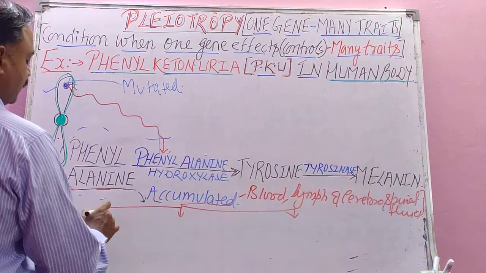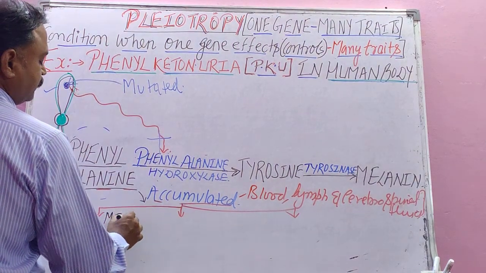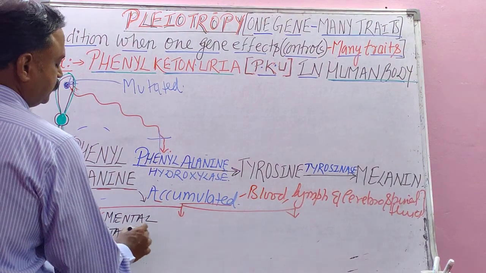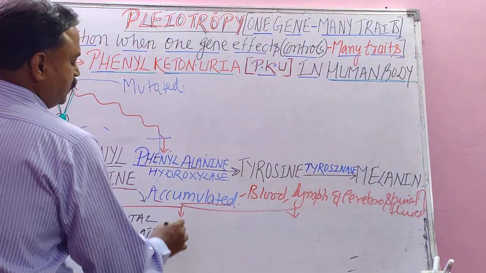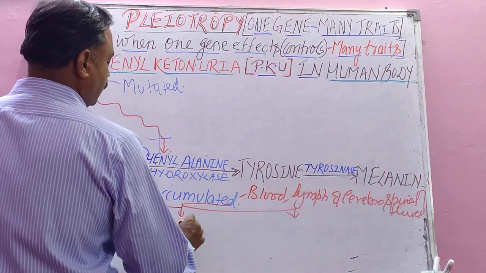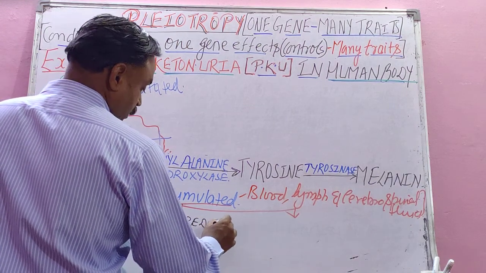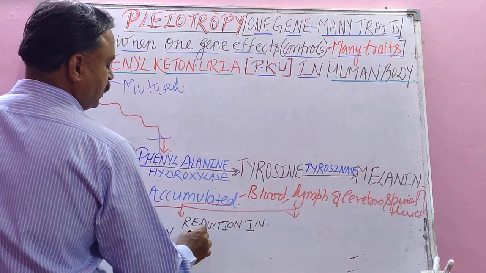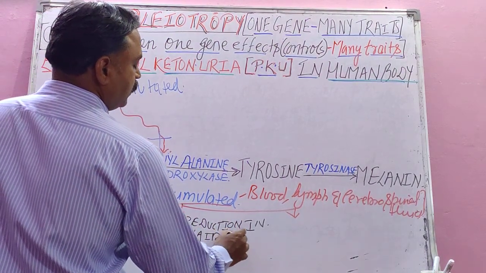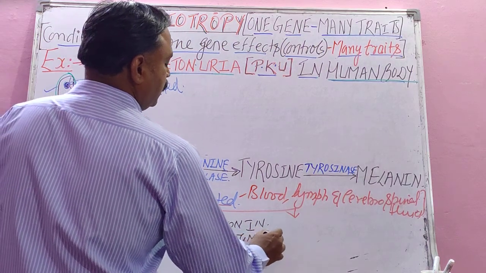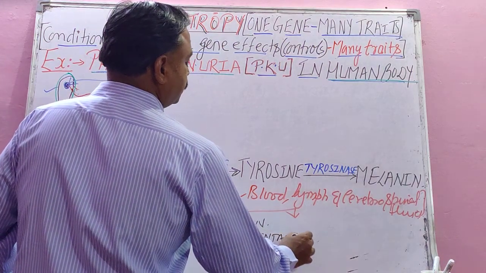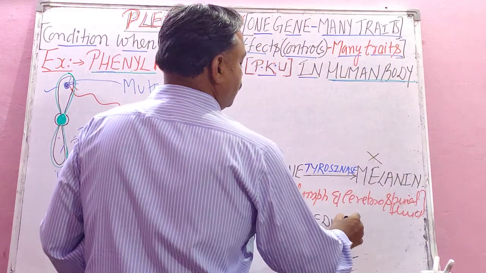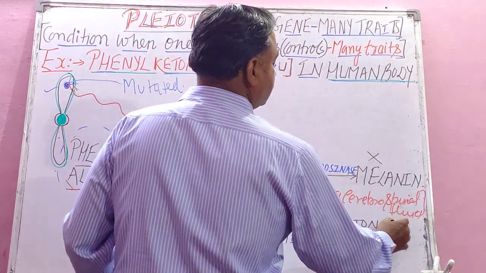The person suffers from mental retardation. Then, as a result of this accumulation, there is a reduction in hair pigmentation, and one more trait, because melanin will not be formed, a reduction in skin pigmentation.